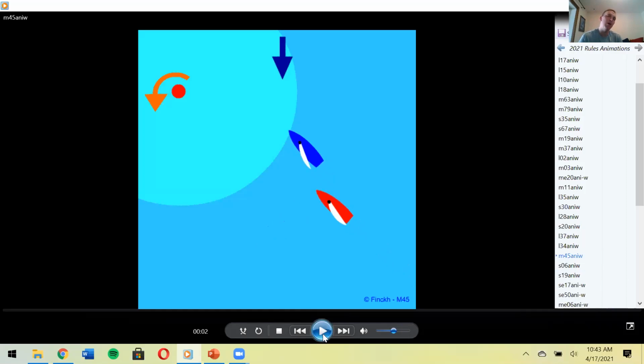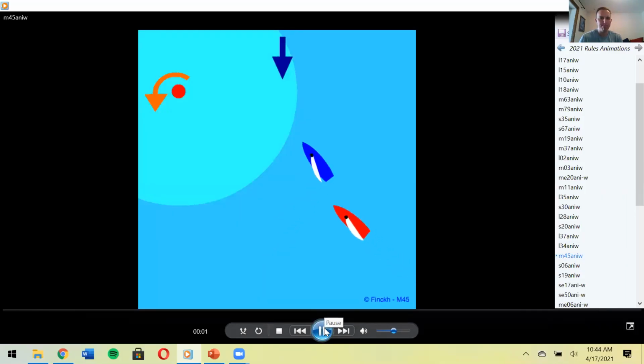But this is okay now. Blue will tack outside of the zone. And then once she hits the zone, blue is clear ahead of red. And so blue has mark room over red. Okay.